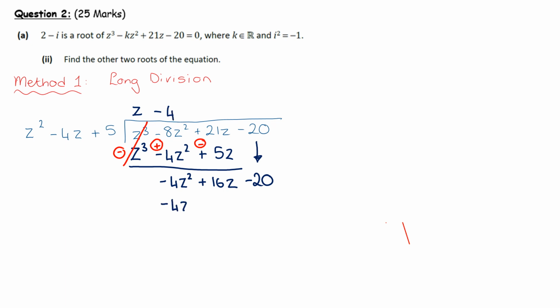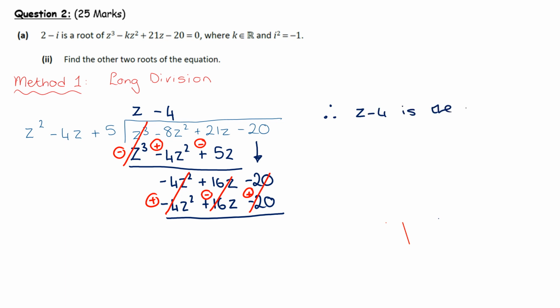So minus 4z squared plus 16z minus 20, and then these will all cancel out because it should divide in evenly. So therefore z minus 4 is the other factor, and we can then say therefore z equals 4 is the other root.